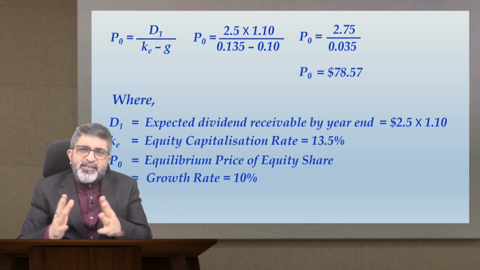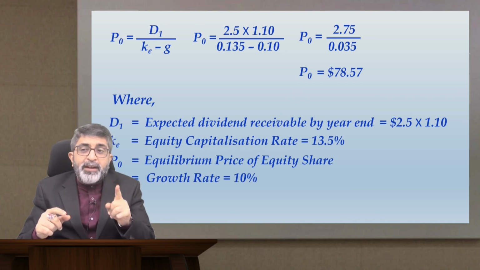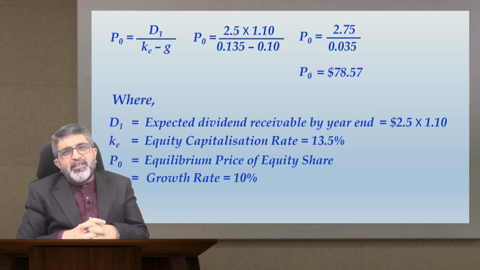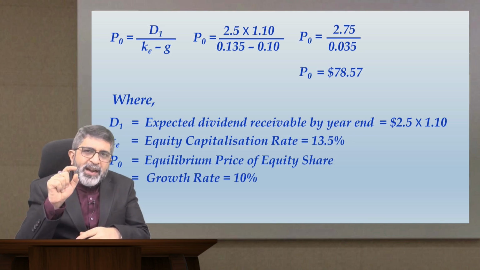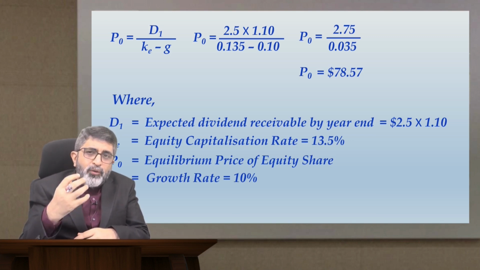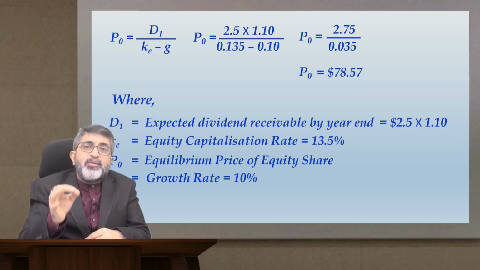And if $60 is the quoted market price, whereas the fair value or the equilibrium price should be $78.57, it is definite that the stock is underpriced, and when there is an underpriced stock, it is always worth making an investment into that, meaning this stock is worth buying.